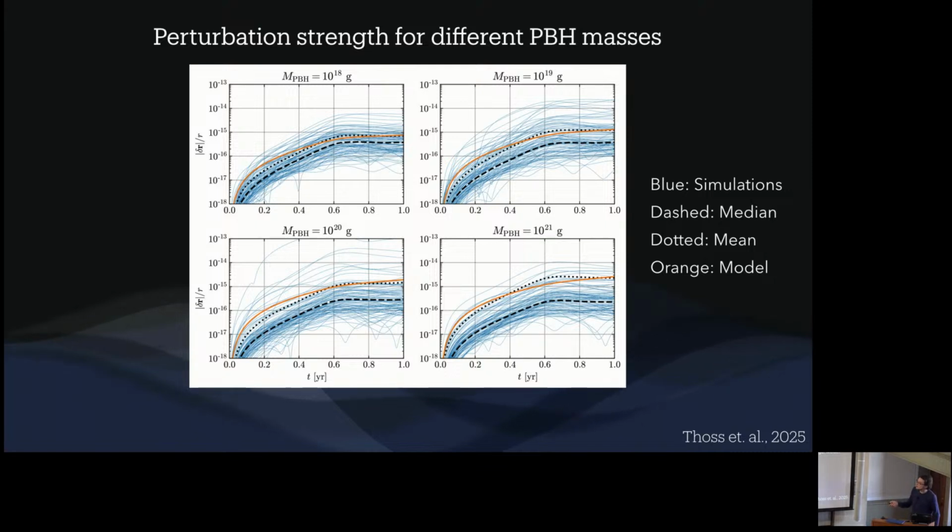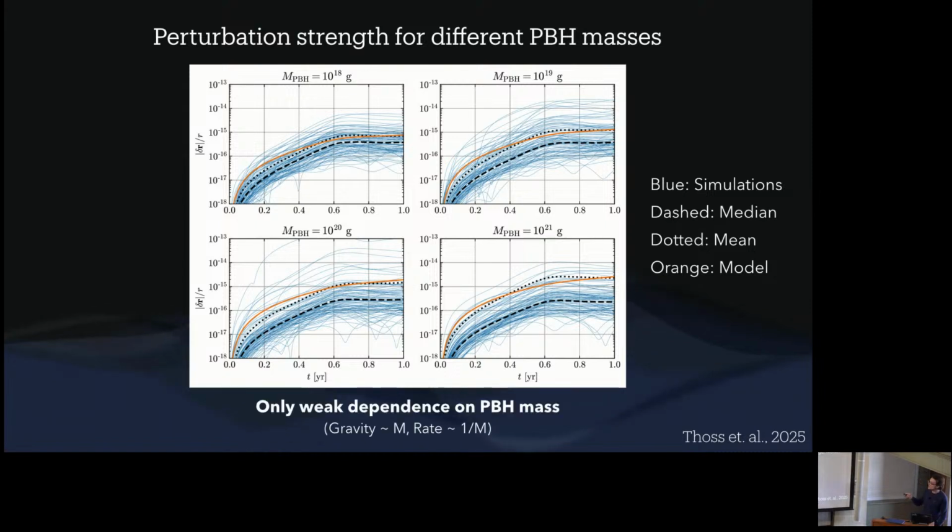They, of course, have a spread because your impact parameters have a distribution. But what you see is if you compare the values between the different PBH masses, that within this asteroid mass window, it's not super sensitive on the PBH mass, simply because if they are 10 times as heavy, then the gravitational acceleration is 10 times more, but also the event rate is 10 times slower because the number density goes down by a factor of 10.